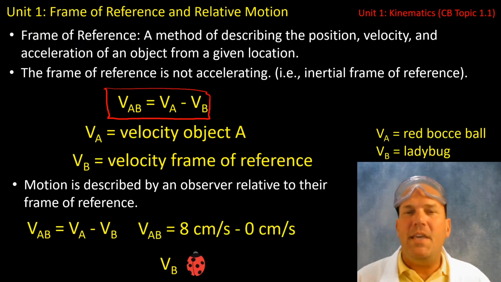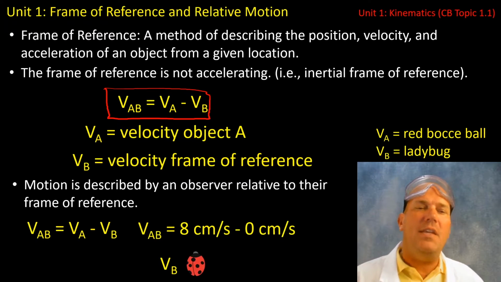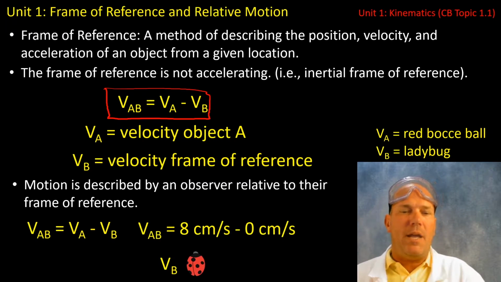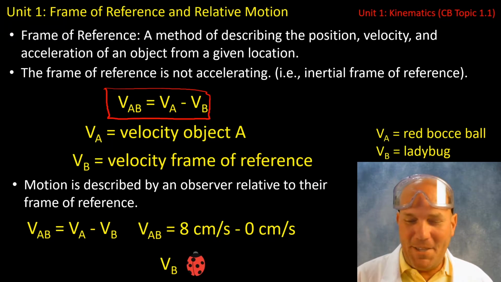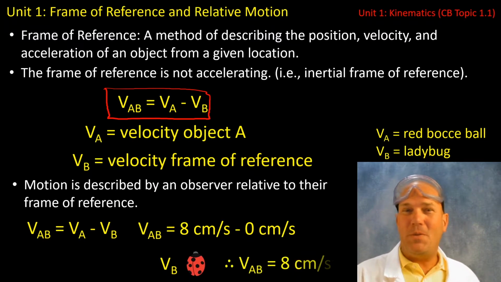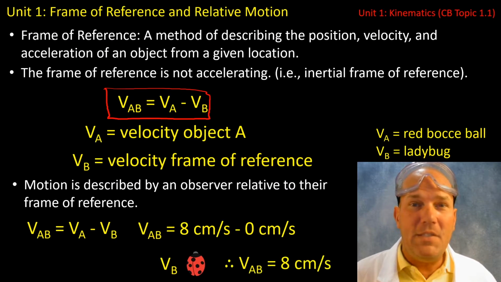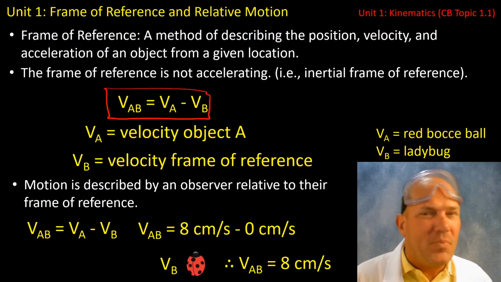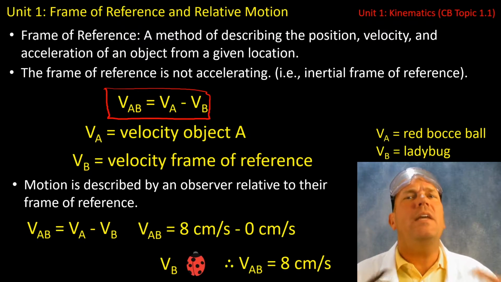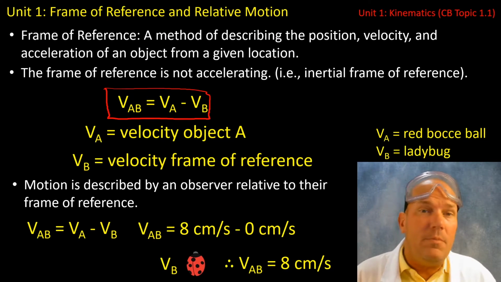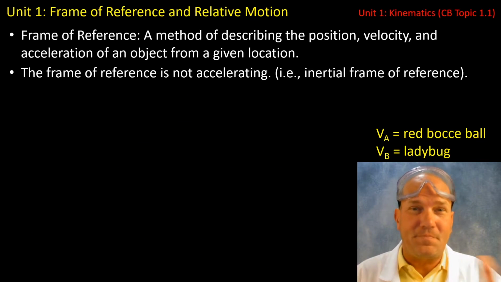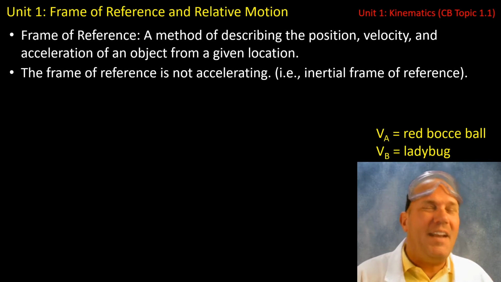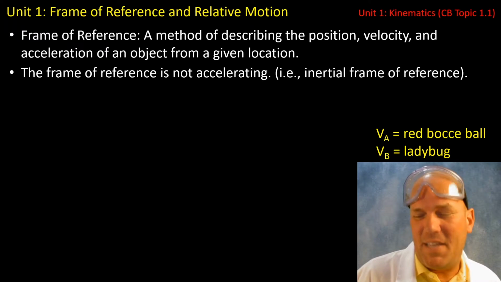So in this case here, we would get the velocity of the bocce ball with respect to the ladybug would be 8 centimeters per second. And I know you're thinking, wow, why is he making this so complicated? Well, guys, really, I will get into some more complicated problems, but this is all fairly intuitive. A lot of times you'll see that it makes sense.